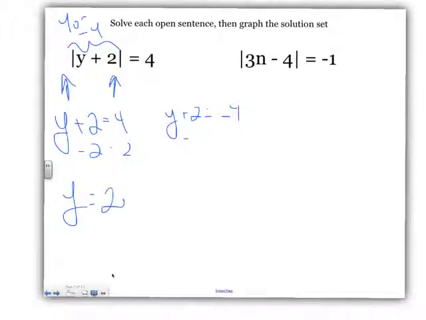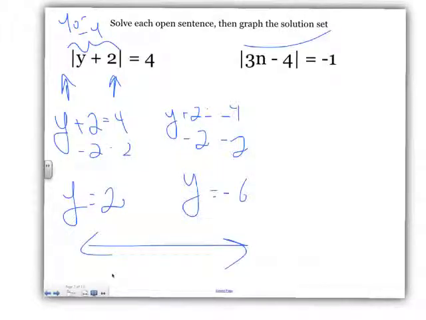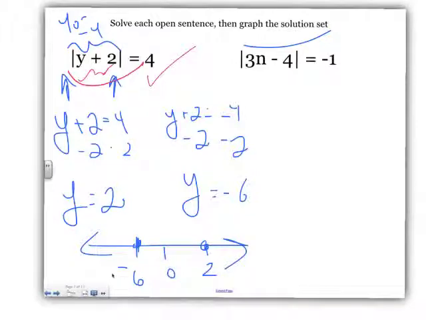And if y plus 2 is equal to negative 4, then y would be equal to negative 6. Therefore, when I have to graph my solution set, that means I have a point on 2 and a point on negative 6, because either of those solutions will make this true. If y was equal to 2, then 2 plus 2 would be 4, and if y was equal to negative 6, then the inside here would be negative 4, and the absolute value of negative 4 is 4. So go ahead and try this example, keeping that in mind.